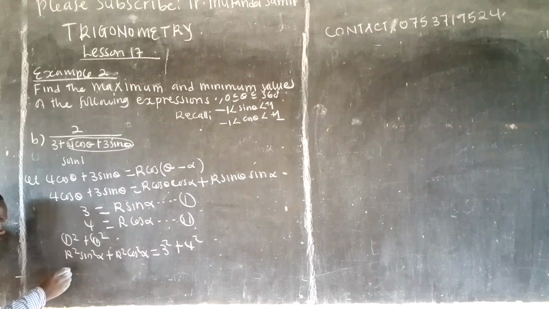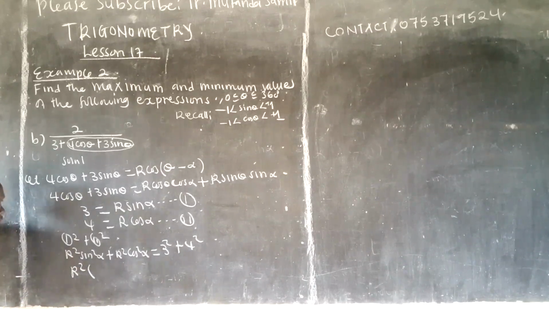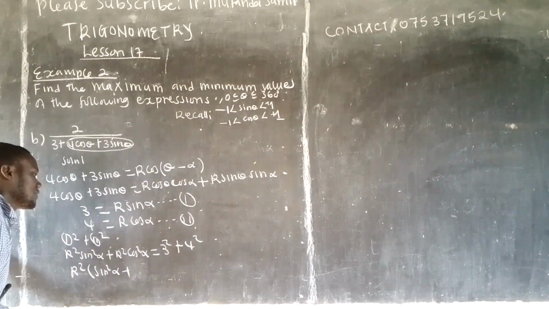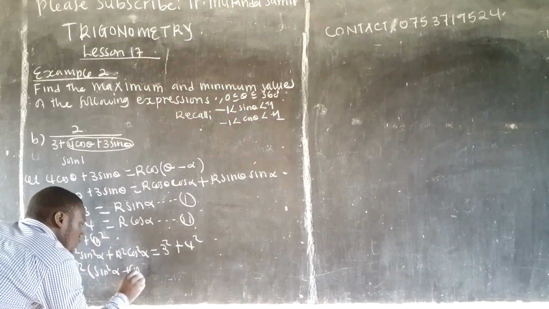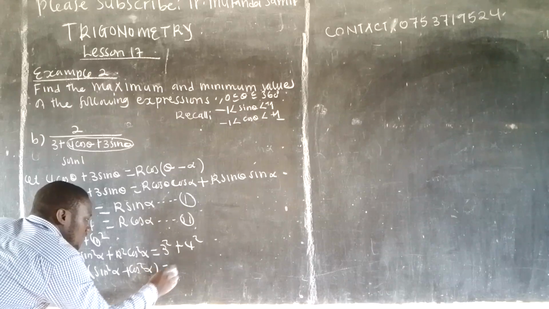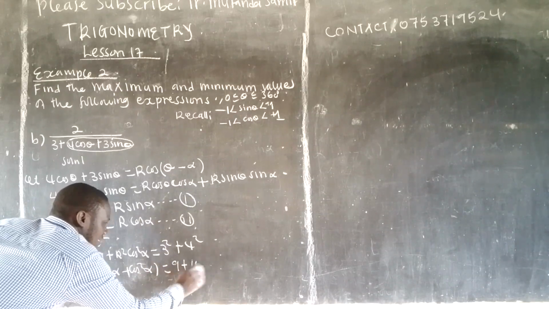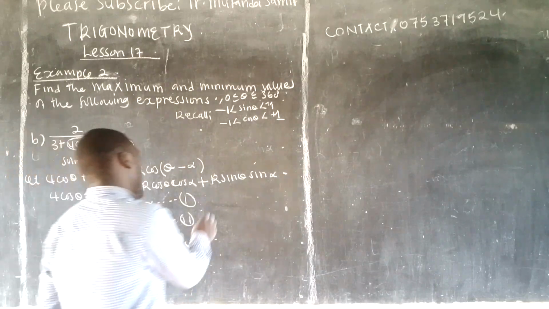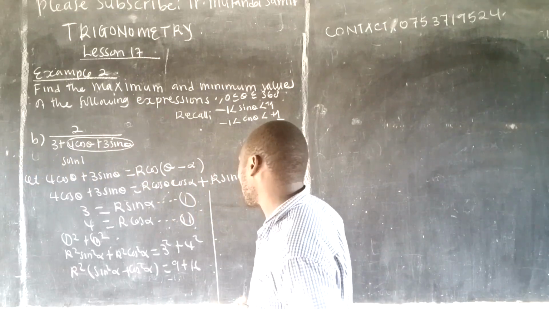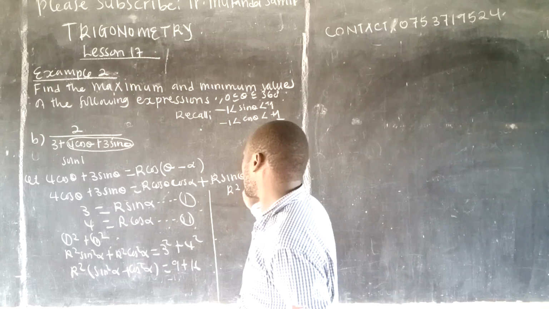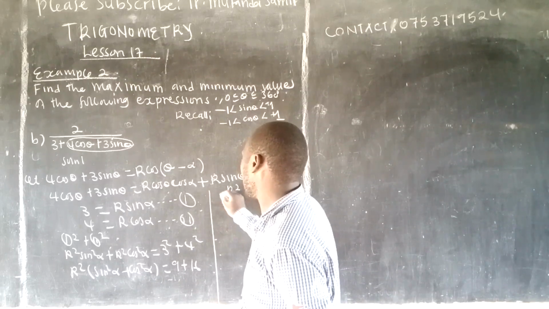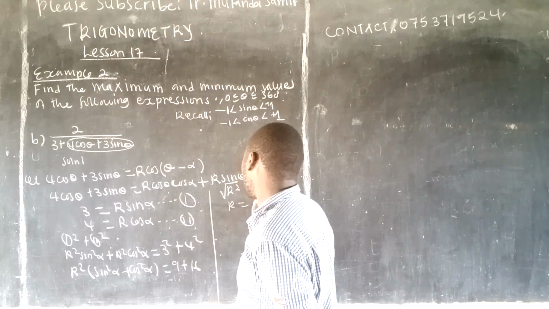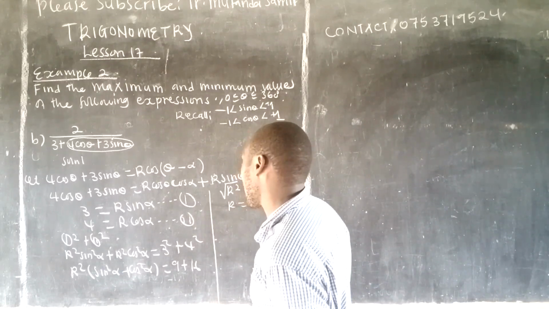So next, we realize that r squared times the bracket of sine squared alpha plus cos squared alpha is equal to 9 plus 16. Now you see that sine squared plus cos squared gives you 1. So now r squared is equal to just 25. So square root of that, your r is just 5.